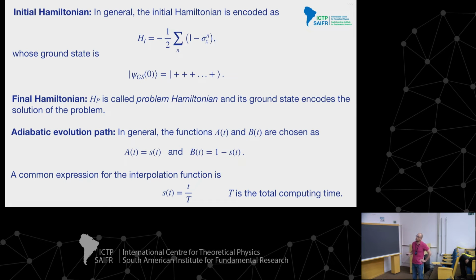Another important thing in adiabatic quantum computation is to define the time dependence of these coefficients, A of t and B of t. In general, we use this kind of function. There are many possibilities, infinite possibilities, but this is usual, right? I already mentioned the meaning of t and s.